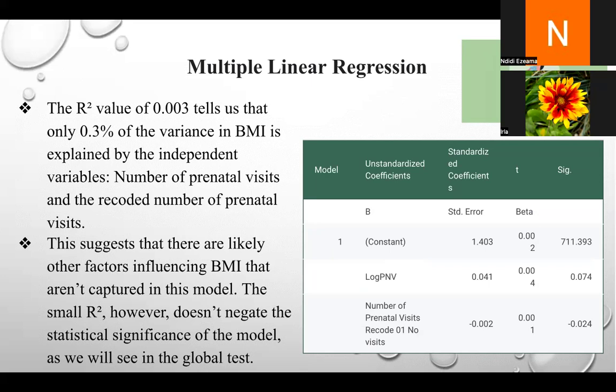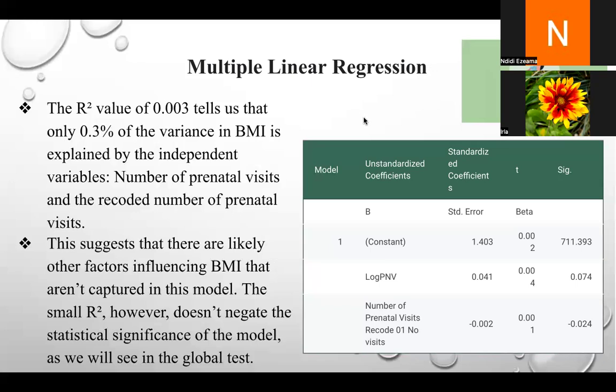The R-squared value for this model is 0.003, which indicates that only 0.3% of the variance in BMI is explained by the independent variables. Looking at the coefficients, we see that the log PV had a positive coefficient of 0.041, but the standardized beta coefficient is quite small, indicating a weak relationship.